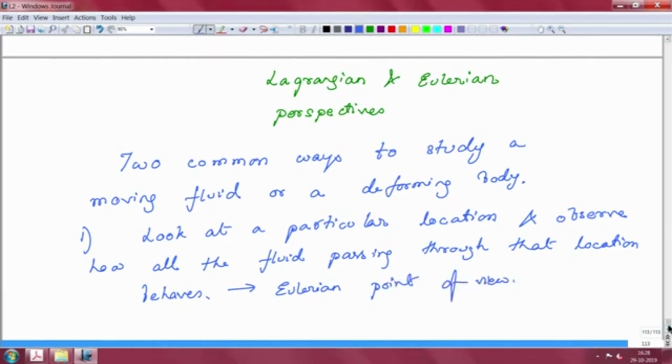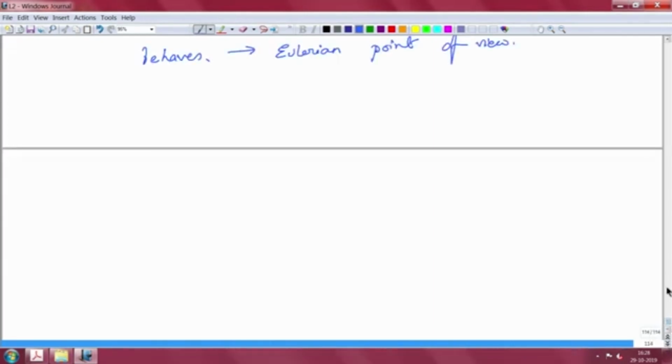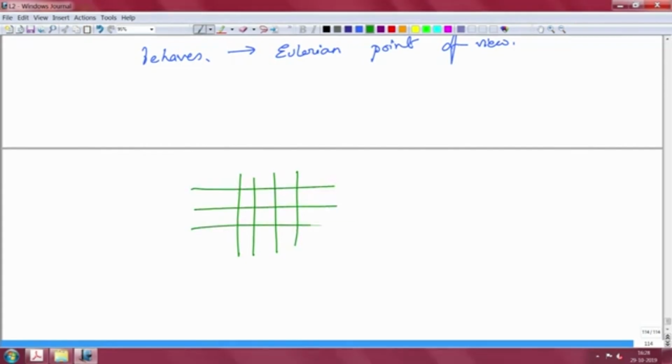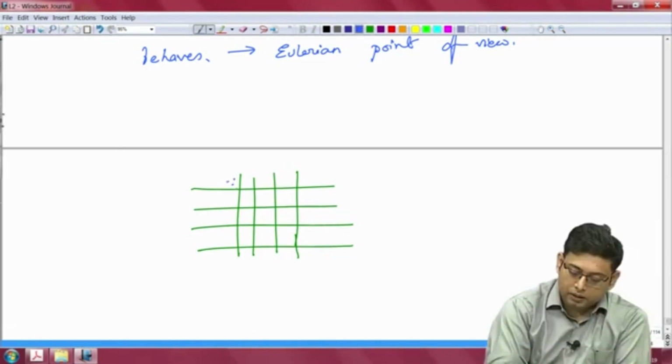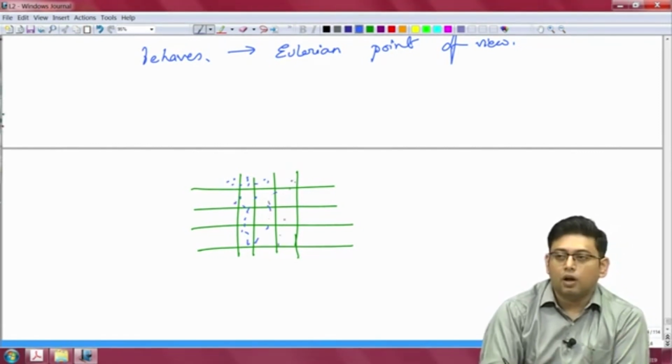So, what do we mean here? We mean that in this condition you will create, let us say, a mesh, and these meshes are static, and you have all the different particles. These are fluid particles and they all have a velocity and are moving in different directions.